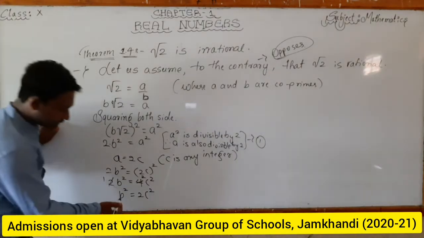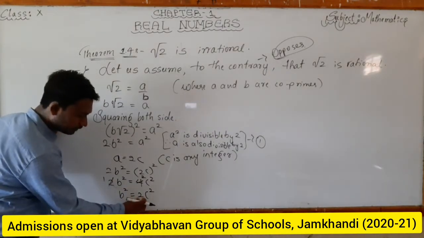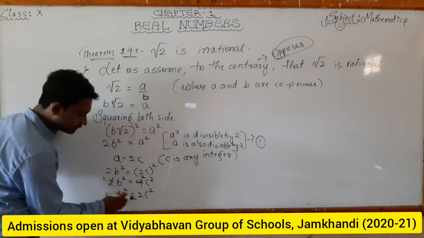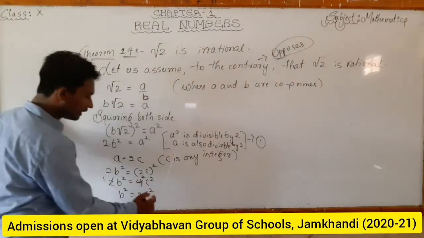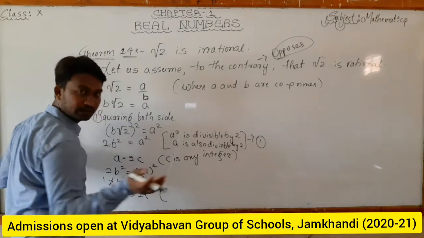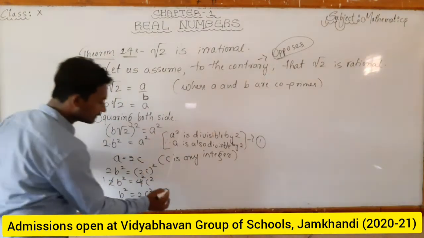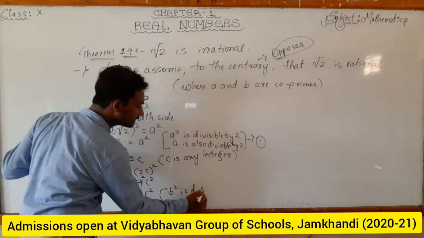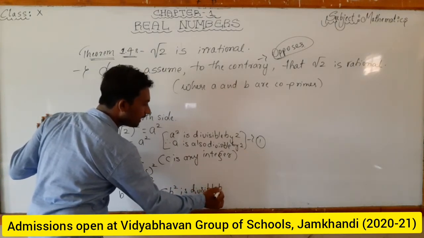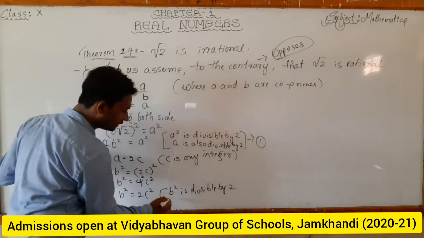Again, taking this 2 from the RHS side to the LHS, b square is divisible by 2. So I will write the condition of theorem 1.3: b square is divisible by 2.